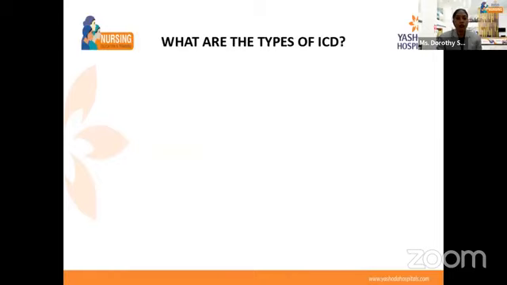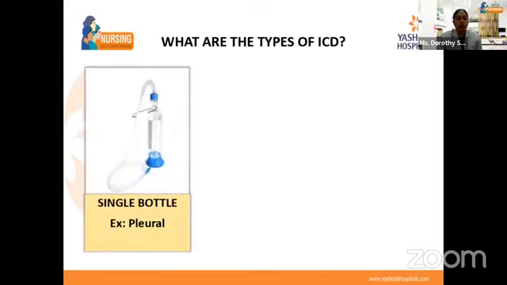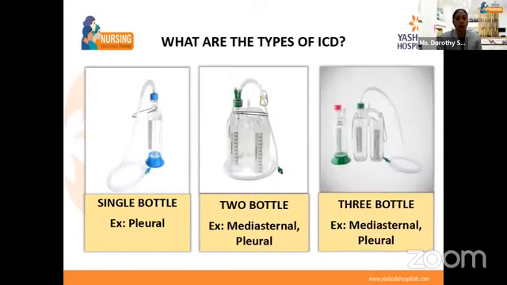So we will see what are the types of ICD used in our clinical practice. To start with, it is the single bottle, then we have the 2 bottle, and also the 3 bottle drainage systems. Single bottles can be used in a single drainage system, for example, when we have to drain the pleural drainage.